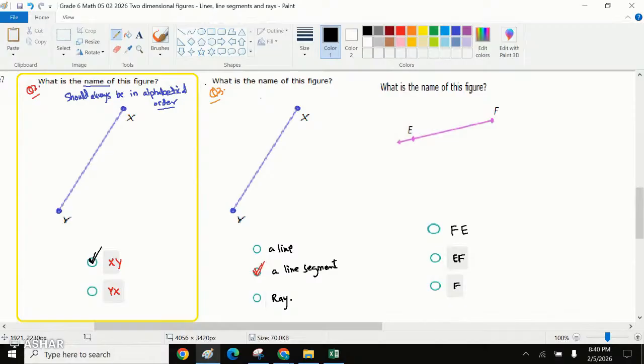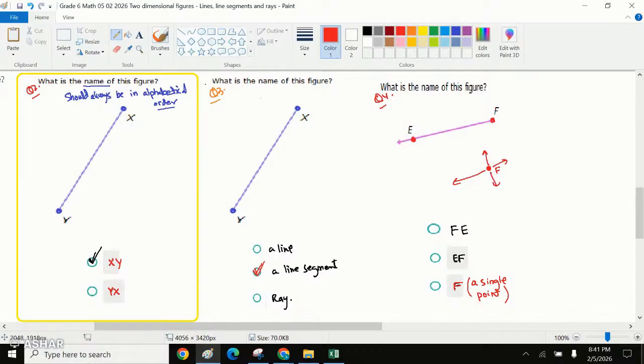Can we say the answer for question number 4 is F? See, we cannot say F. F is a single point. A single point cannot make a line. See, what happens is if this point was F, we don't know which direction we need to go from F, right?